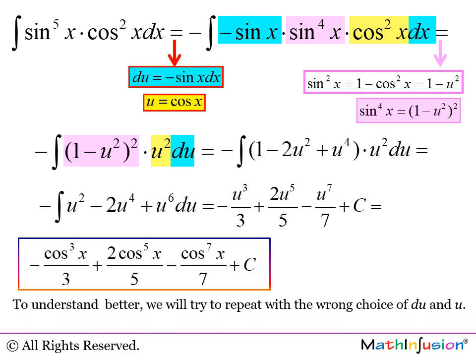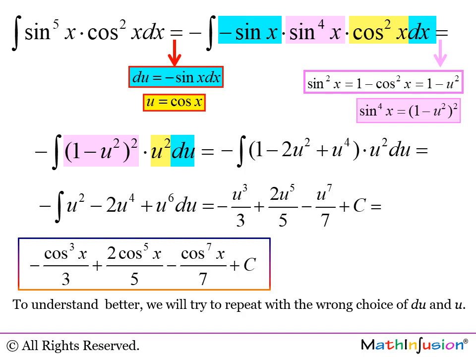To understand better, we will try to repeat with the wrong choice of du and u. It's very important to experiment in those integrals. It's okay to make mistakes in techniques of integration in general, but you have to learn from each one of your mistakes. So now on purpose, I'm going to pick the wrong u and the wrong du.